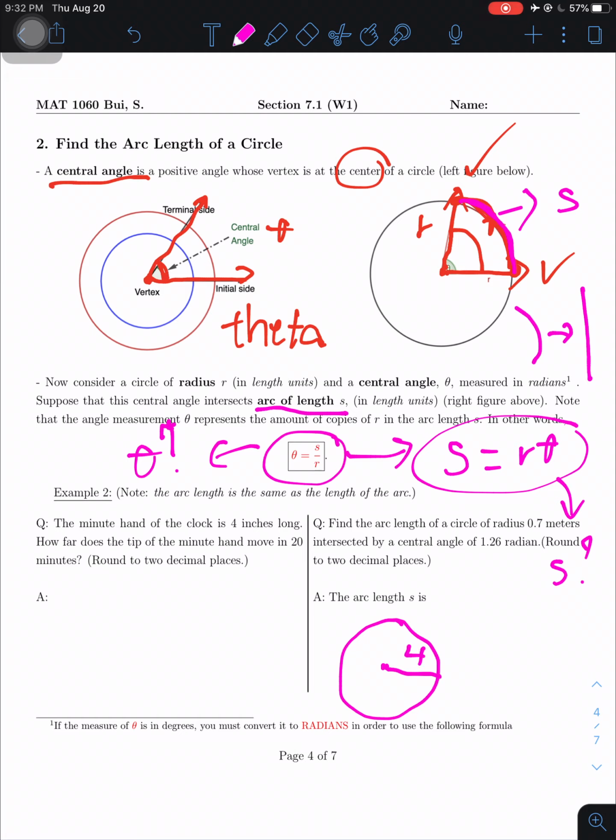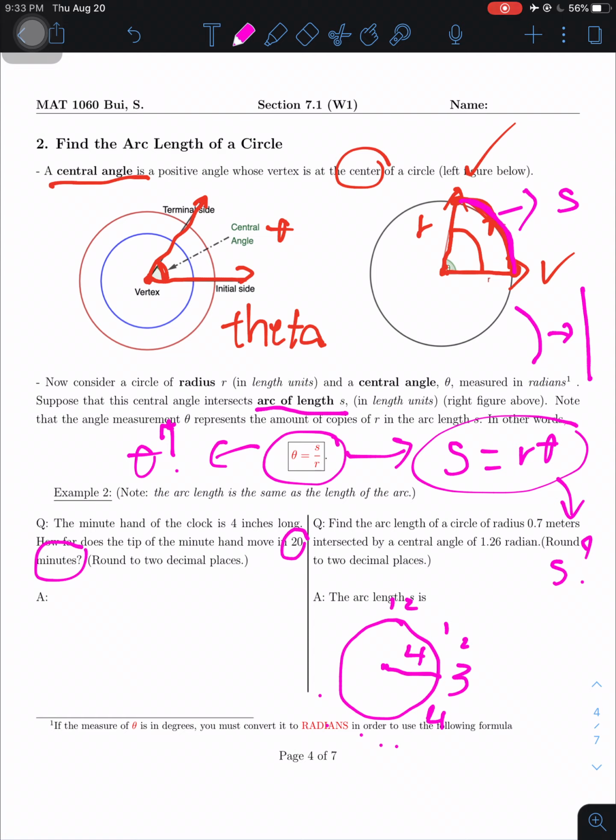Just imagine this is 3 on the clock. This is 12 and we have 1 and then 2 and then 3 and then 4 and so on. Okay, so if it moves 20 minutes, where is it? This one is 15 minutes.